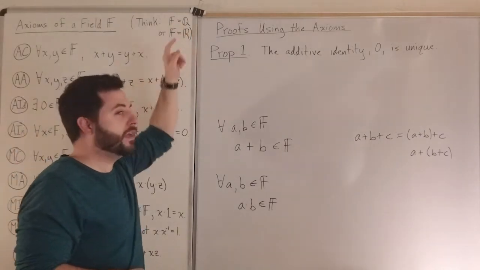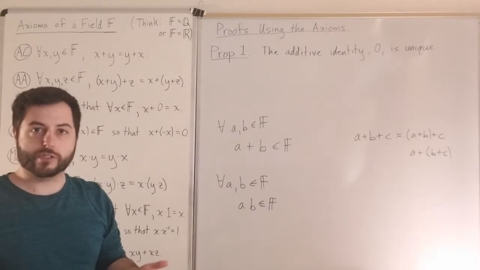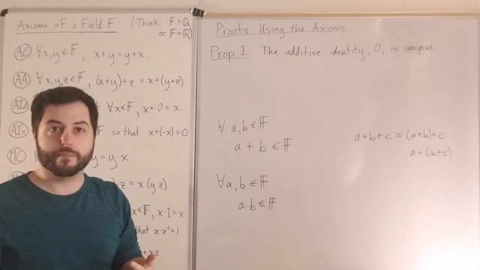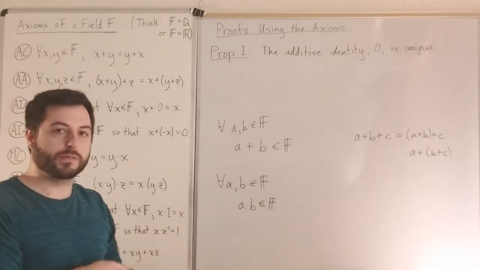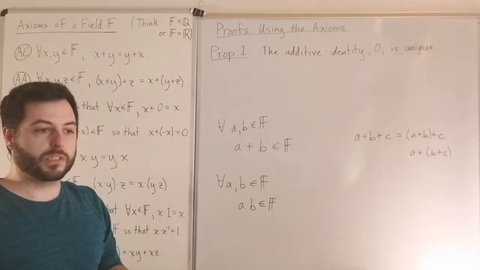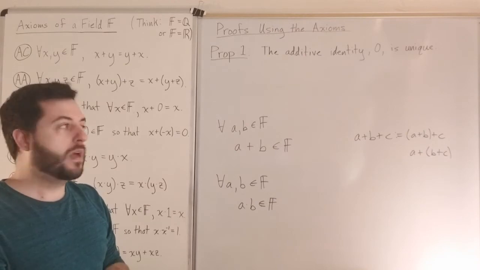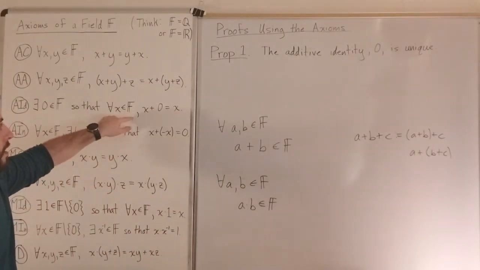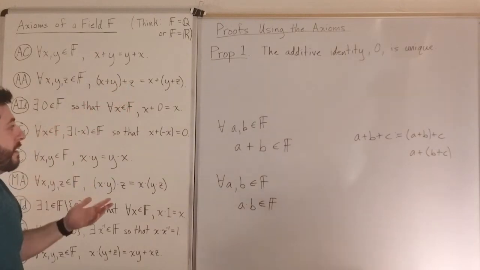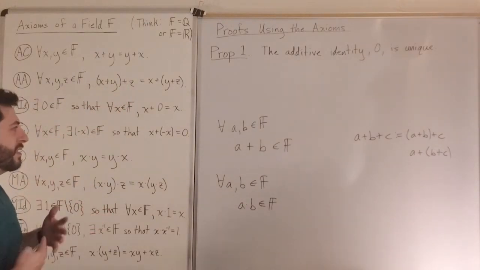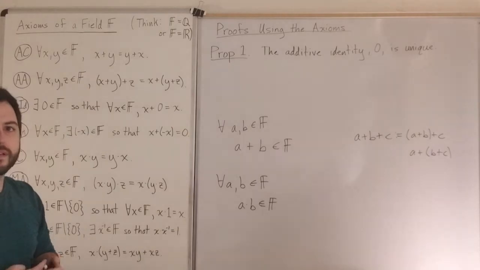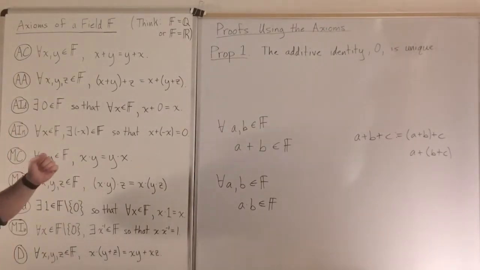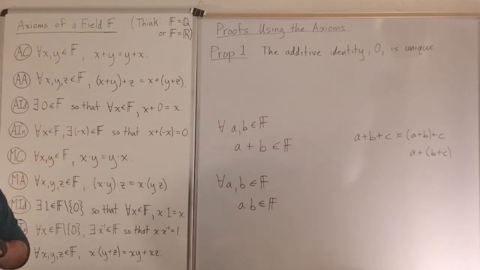In R or Q, those have extra structure, and we can work out some sort of notion for what it means for something to be positive and what it means for something to be negative based on whether it's greater than 0 or less than 0. And we'll talk about some order axioms later. But for now, we just have a generic field, and there's no special positive or negative property that any of the elements would have. Okay?